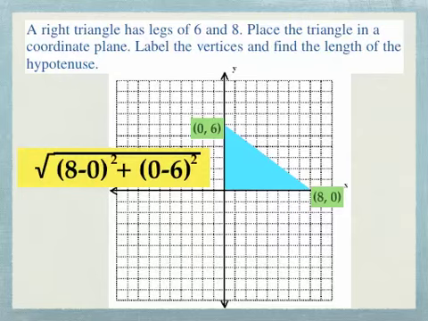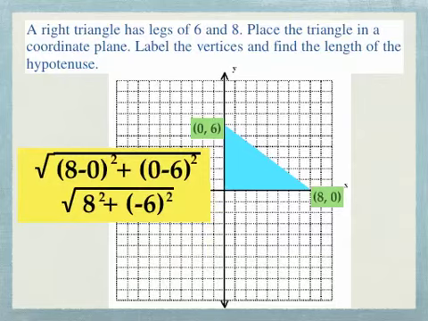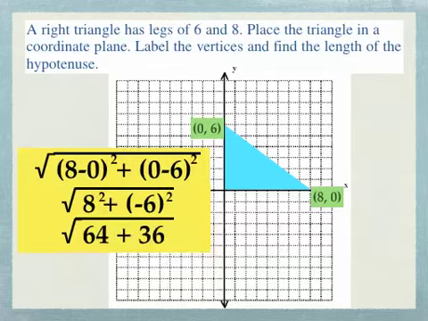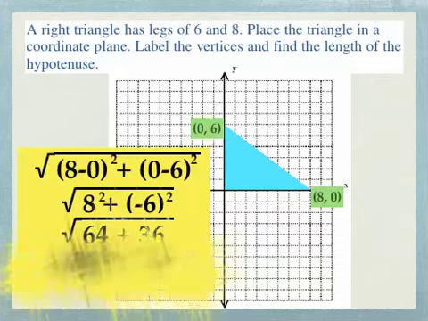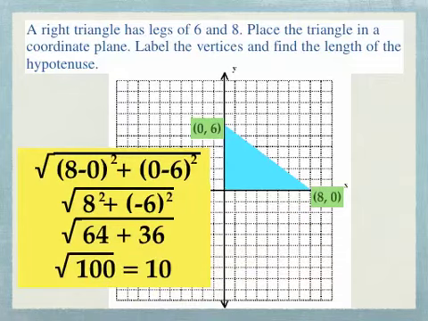Well, 8 minus 0 is 8 squared, plus 0 minus 6 is a negative 6 squared. So it would be the square root of 8 squared plus a negative 6 squared. Well, 8 squared is 64, and negative 6 squared is a positive 36. When we add these two together, you get the square root of 100, which equals 10.